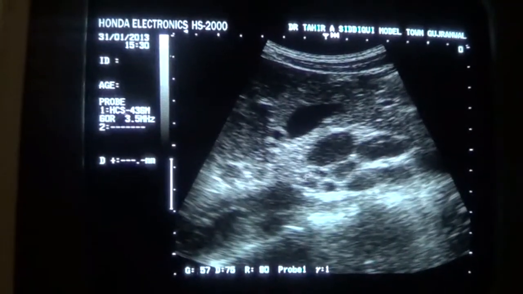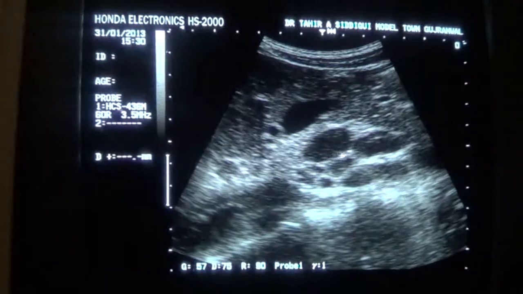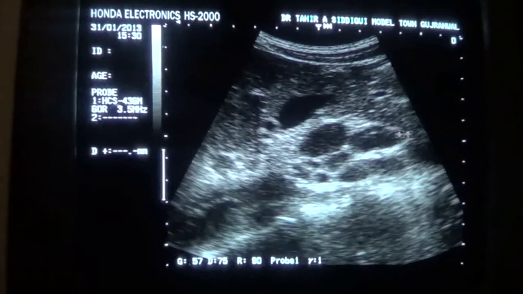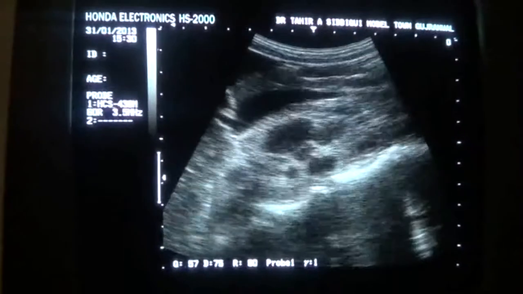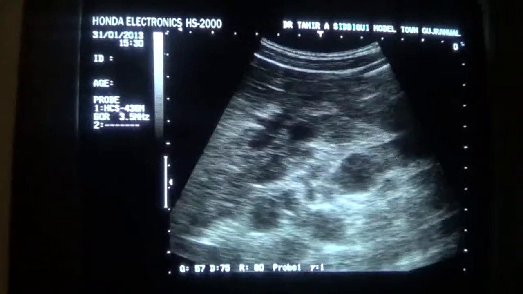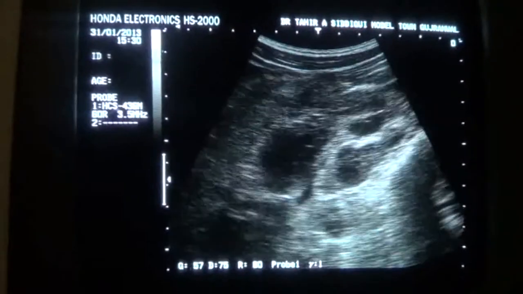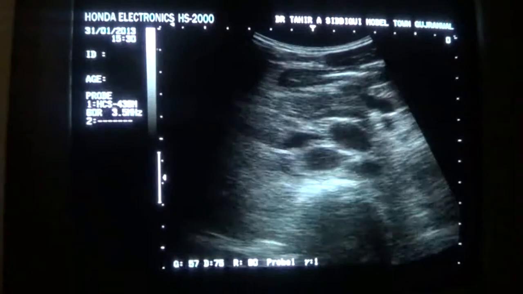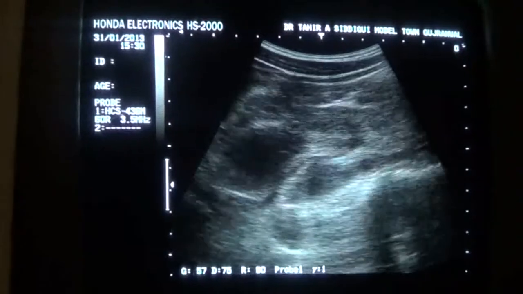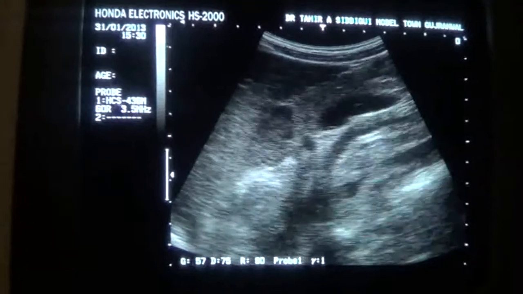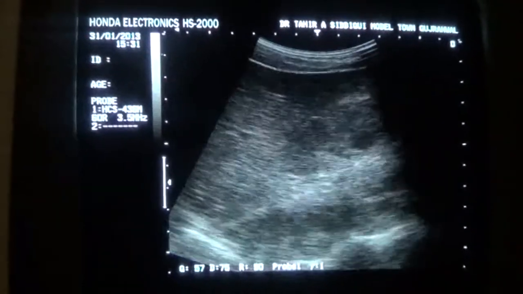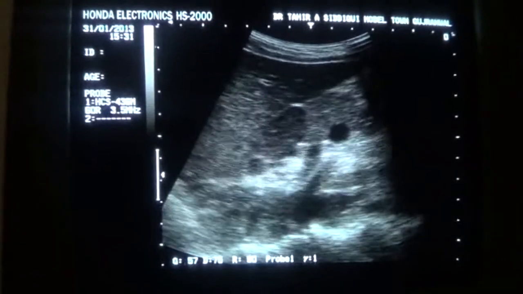Secondly, you don't see any posterior wall enhancement, and its lining is so clear. The same will happen with this one, and you can reproduce it with any area that you consider to be a lymph node or a mass. You have to manipulate the probe to be sure about it.